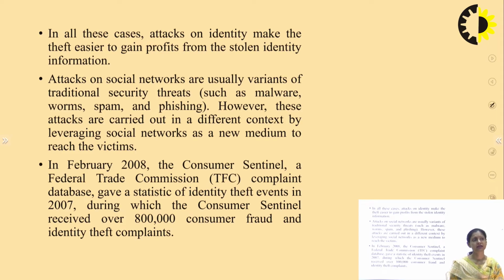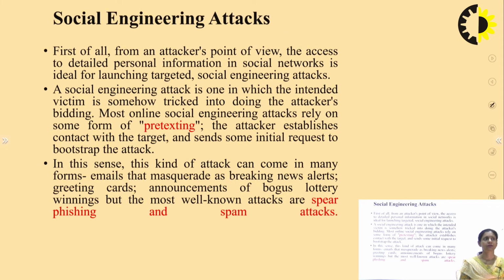For example, in February 2008, the Federal Trade Commission's Consumer Sentinel database gave statistics on identity theft events in 2007, during which it received about 800,000 consumer fraud and identity theft complaints. This normally happens when you are sharing a lot of information on the online social network, so there is a very high chance that the data can be stolen.